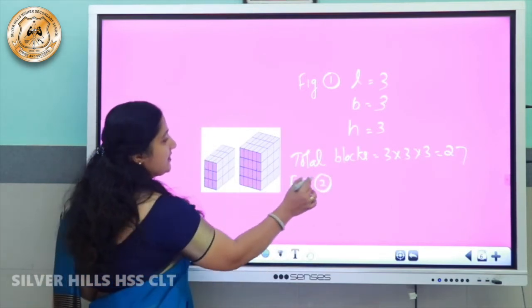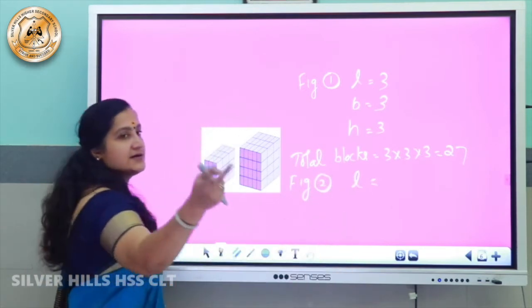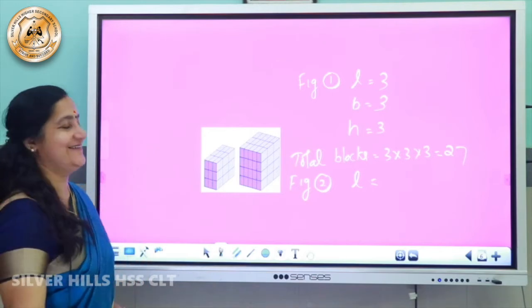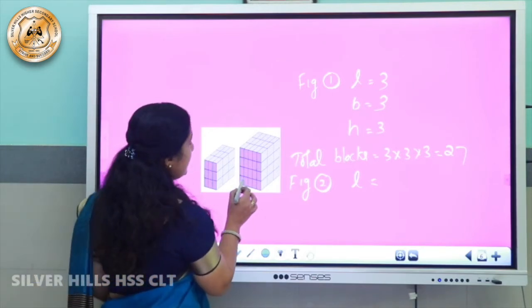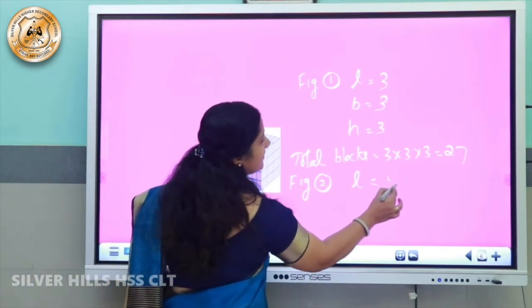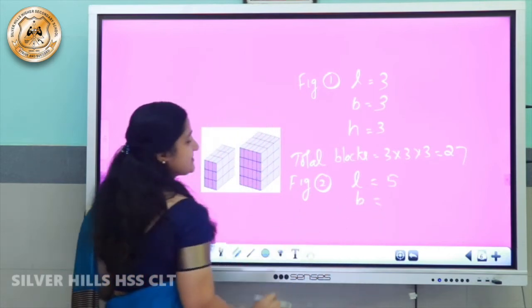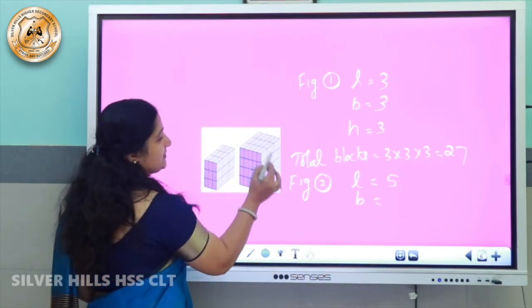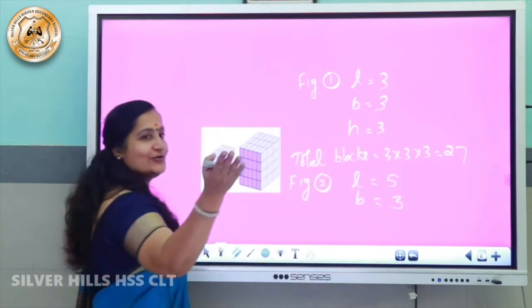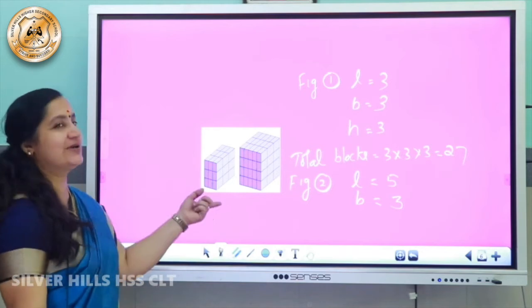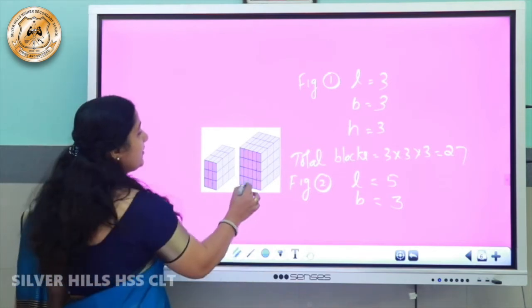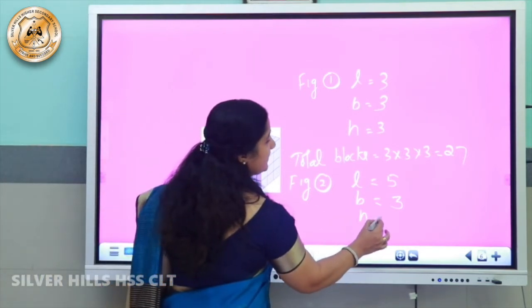What about lengthwise? Sneha? Yes, it is lengthwise 1, 2, 3, 4, 5. What about breadthwise? 1, 2, 3. Okay, Kiran, you told me the answer. Very good, Kiran. Breadthwise, it is 3. What about the height, Alina?